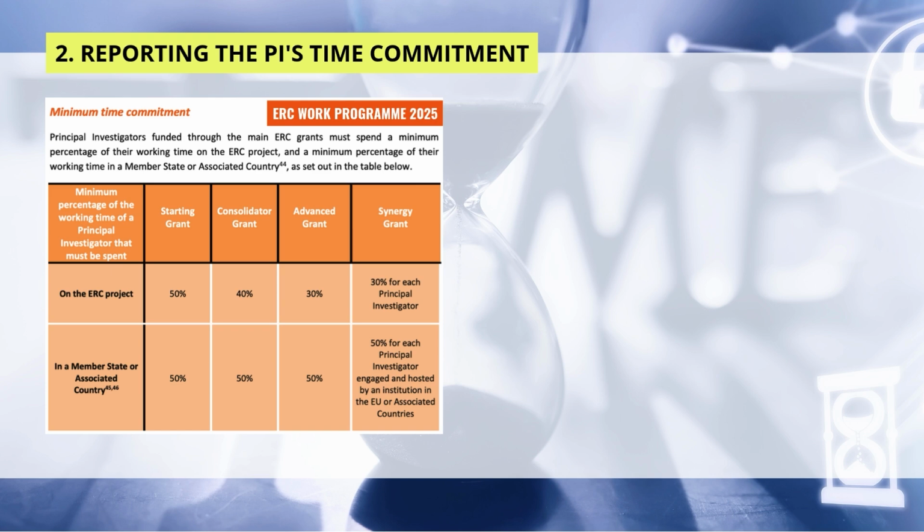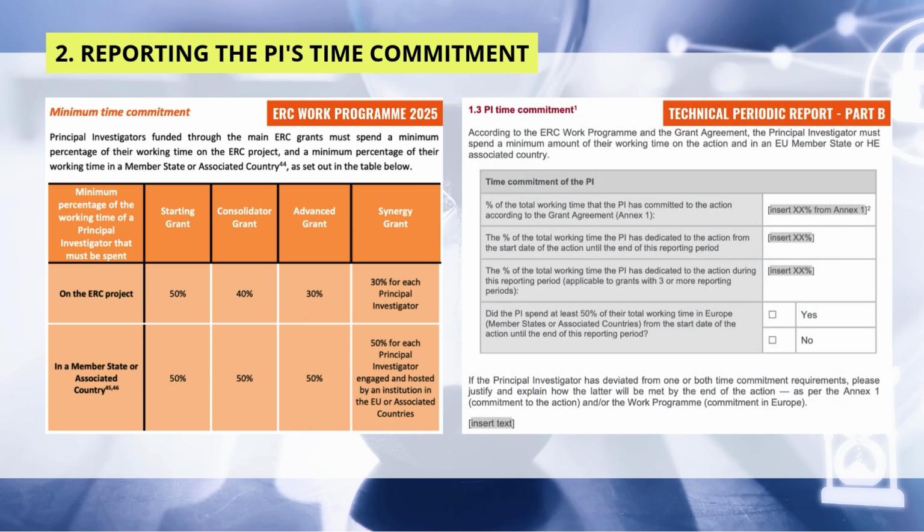This commitment is assessed after the end of each reporting period as part of the technical report. If the principal investigator does not meet these time commitment requirements, the beneficiary must justify and explain how they will comply by the end of the action.